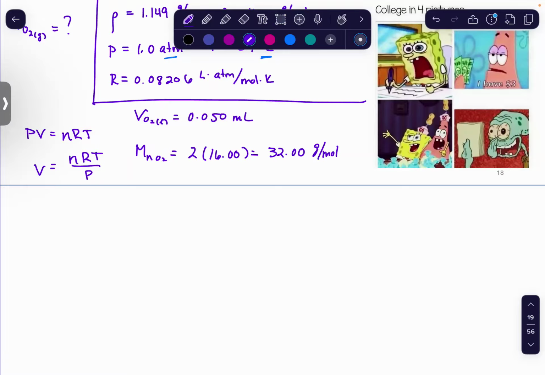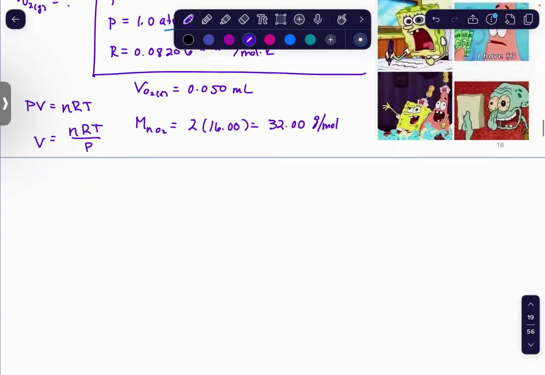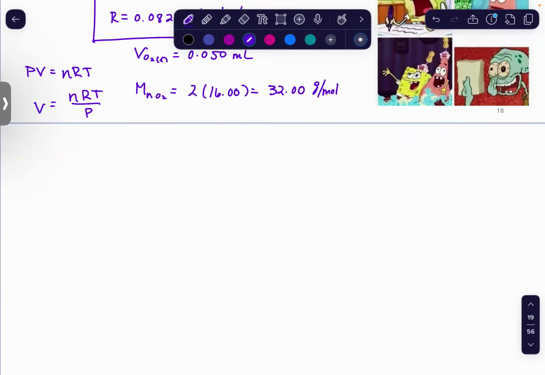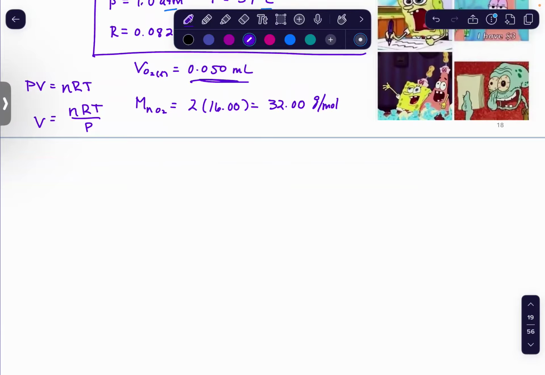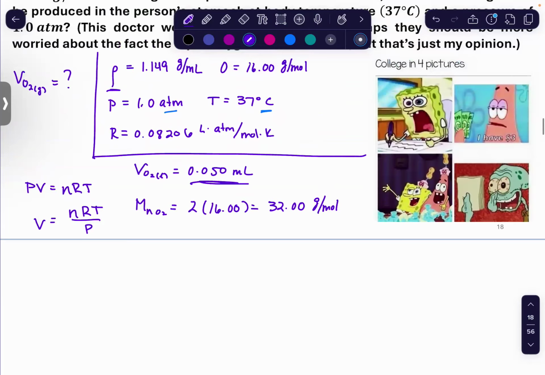So what I'm going to need is, just like we have been doing our grids, I'm going to need to take a mass of liquid O2 and divide by that molar mass. Okay, well, how do I get a mass? Well, I have a concentration of the liquid. I have a density.